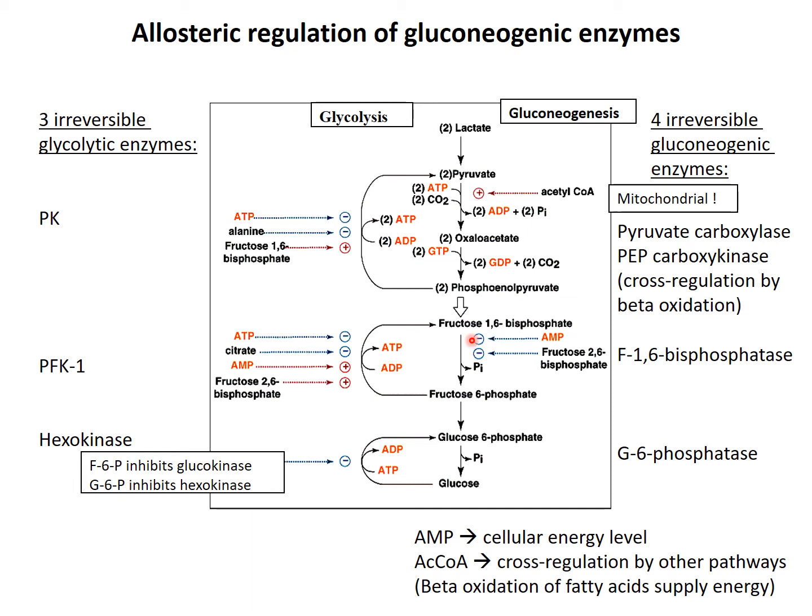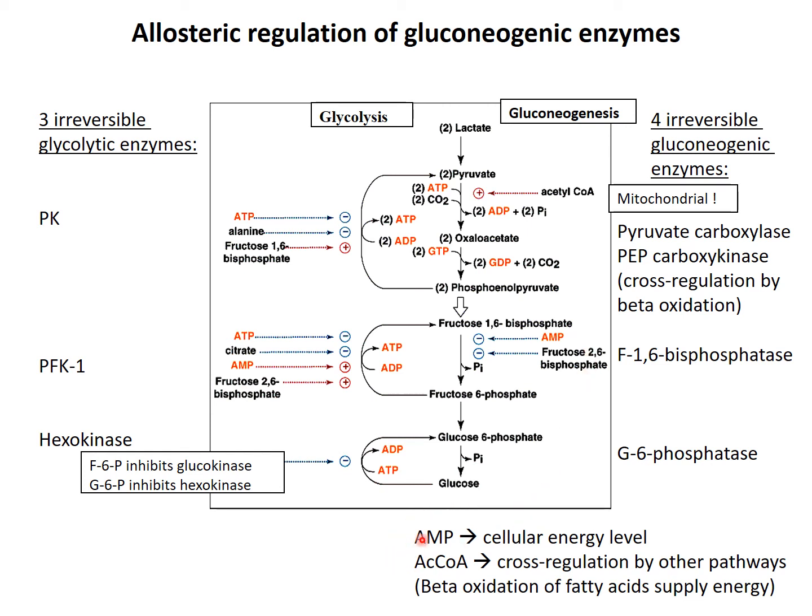If there is no energy, gluconeogenesis cannot go, so it's better to stop it. Now you remember fructose 2,6-biphosphate, how important it was to push glycolysis ahead. But when glycolysis is pushed, gluconeogenesis will be stopped by the same regulator.